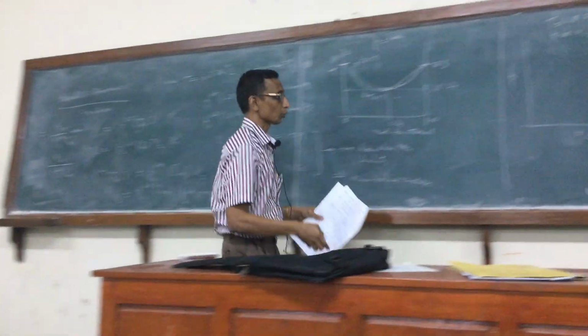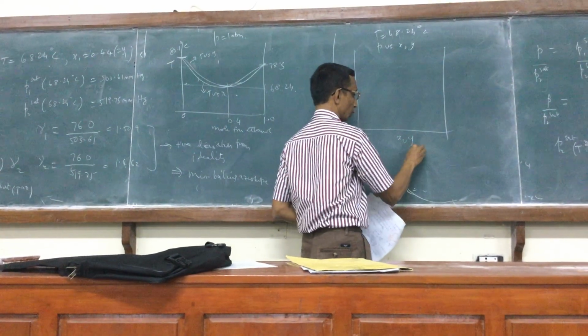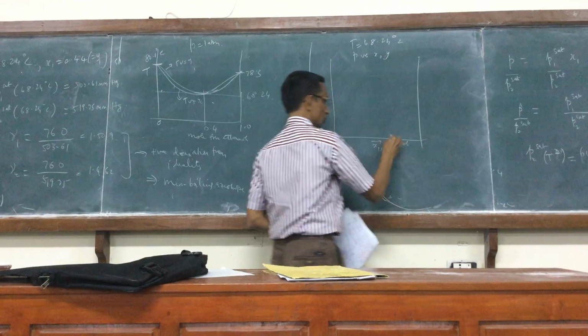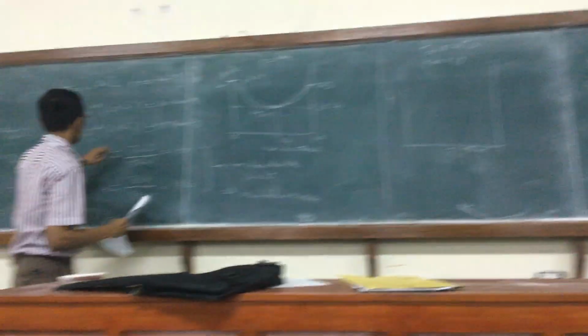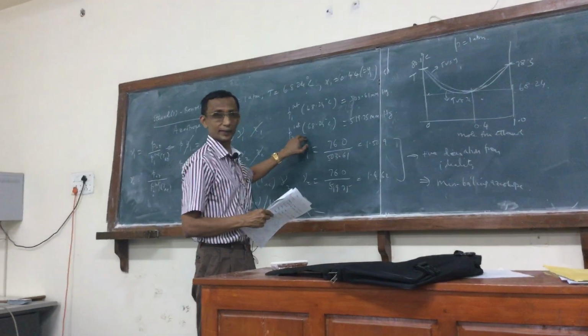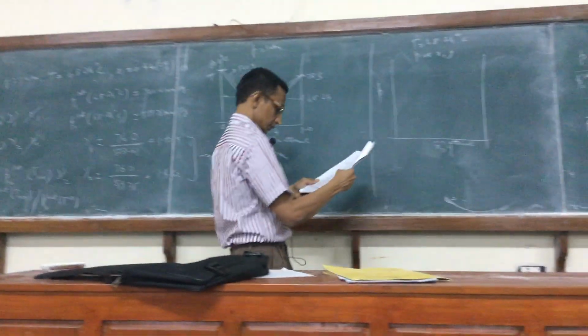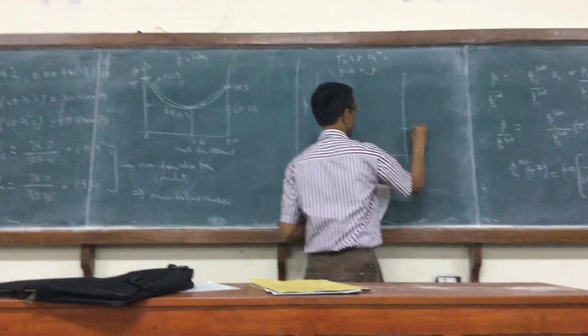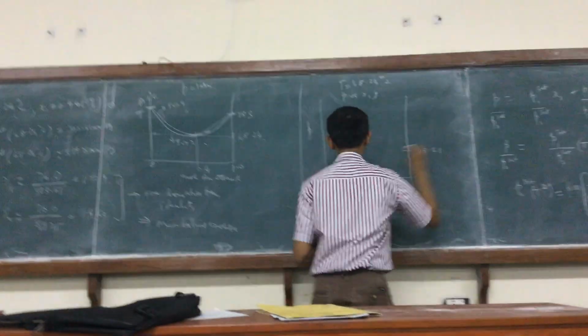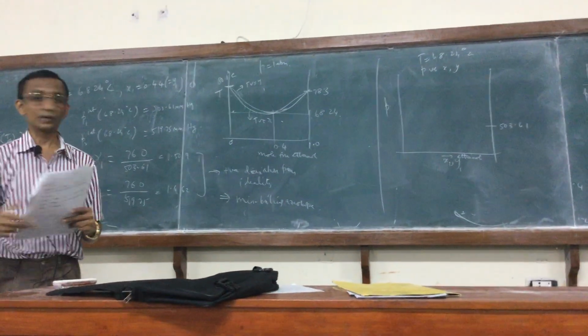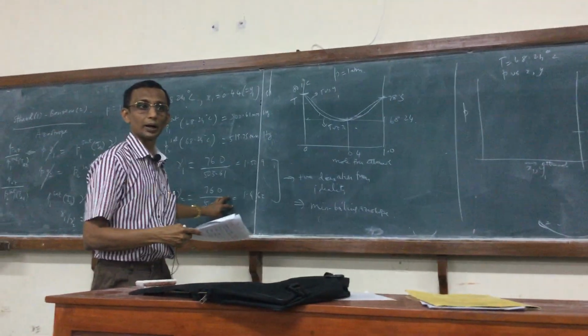So if I now plot mole fraction of ethanol, X1 or Y1, this is the ethanol. So for pure component ethanol, we know what the saturation pressure is at 68.24, it is 503.61, so I will have to mark 503.61.